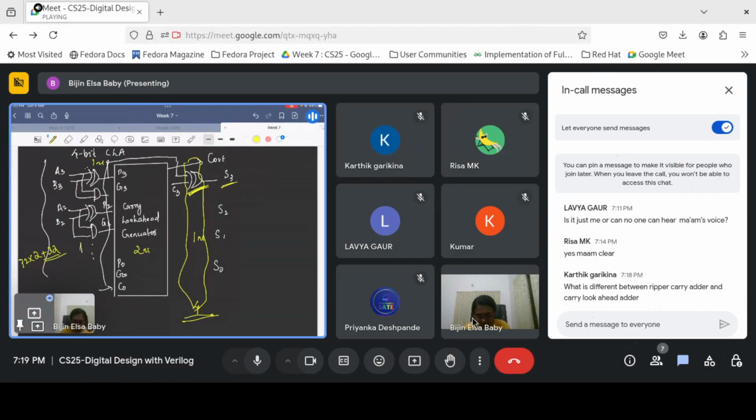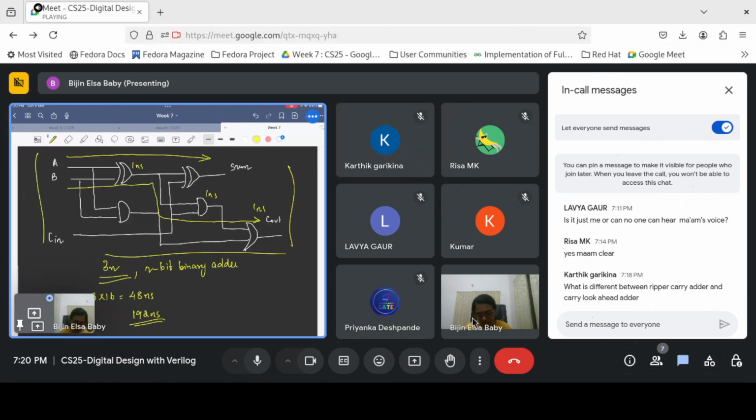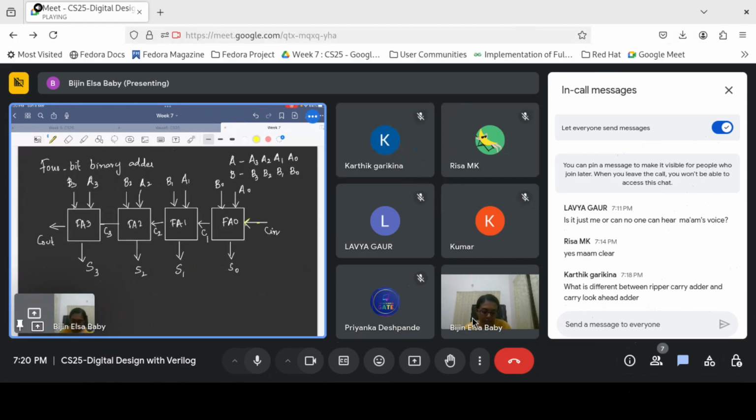Now, in the carry generator, you will have 2 input gates. Okay, what is the difference between the ripple carry adder and the carry lookahead adder? In the ripple carry adder, we were propagating the input carry towards the MSB, and only then could we calculate S3.